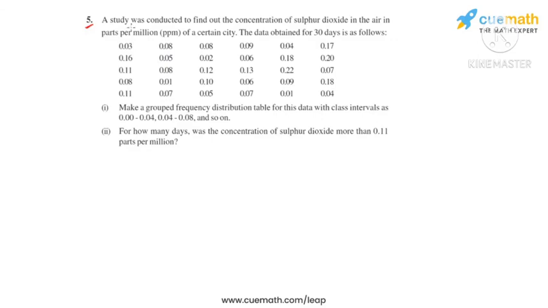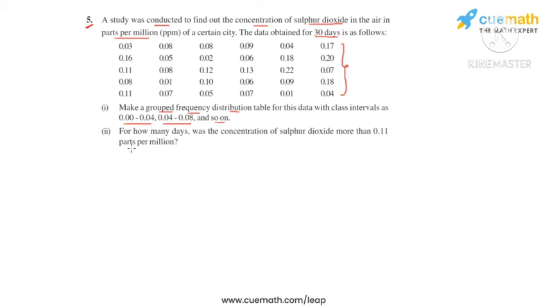Question number 5 says that a study was conducted to find out the concentration of sulfur dioxide in the air, in parts per million (ppm), of a certain city. The data obtained for 30 days is as follows. We have to make a grouped frequency distribution table for this data with class intervals as 0.00 to 0.04, 0.04 to 0.08 and so on.